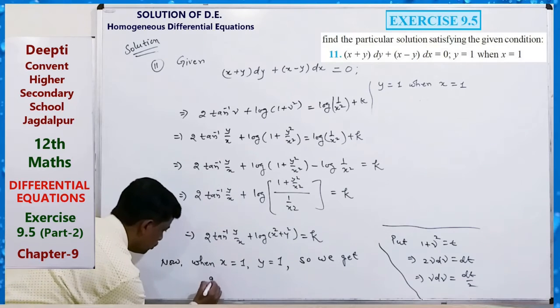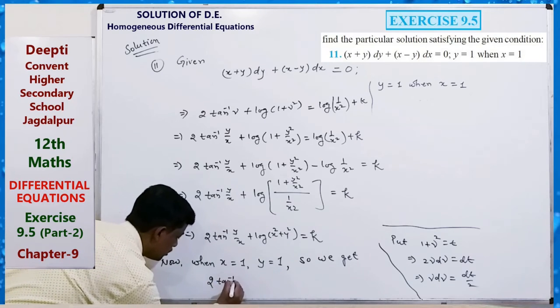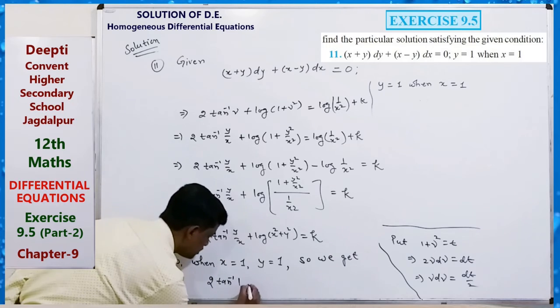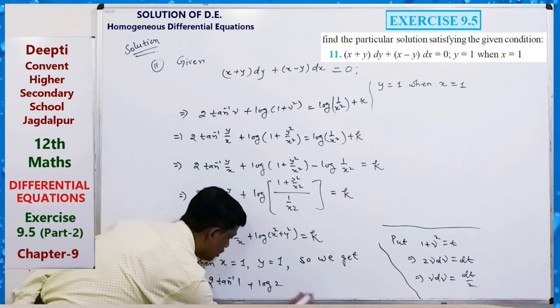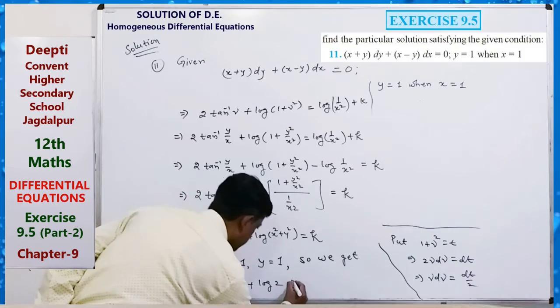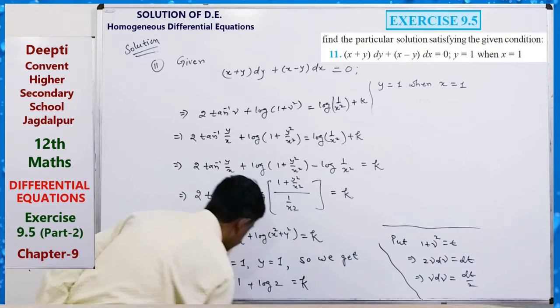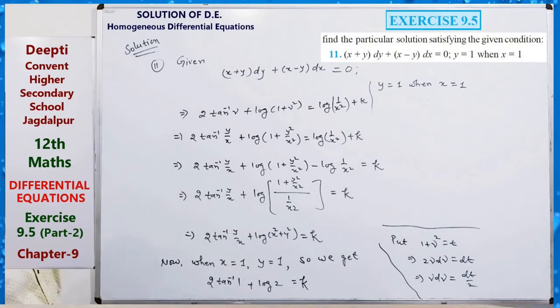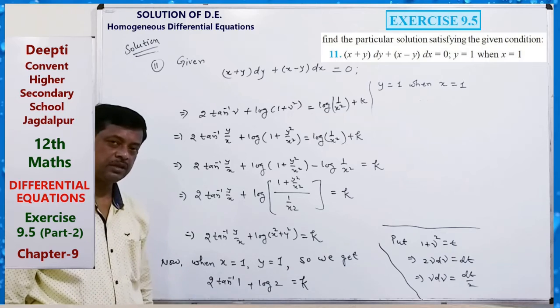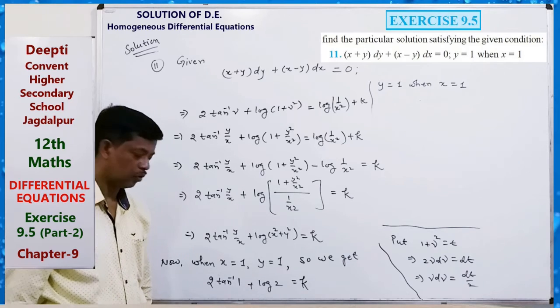Here 2 tan inverse of 1 by 1 plus log of 1 square plus 1 square equals to k. So here we see that k equals to tan inverse 1 means pi by 4.